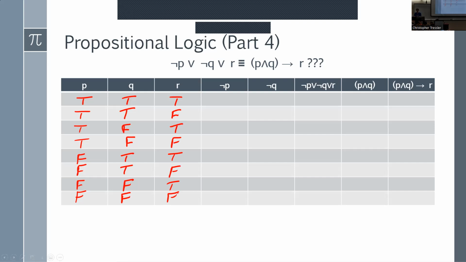So that brings us to the next part. Now we have to look at the negation of P and the negation of Q, because this is every possible scenario of P, Q, and R. For the negation of P, we just do the opposite of P. We know the first 4 are true, so for the negation, the first 4 are false, and then true, true, true, true.